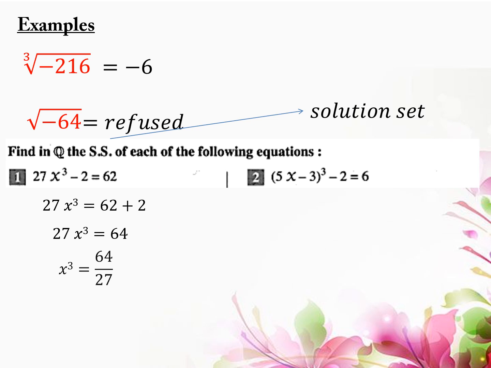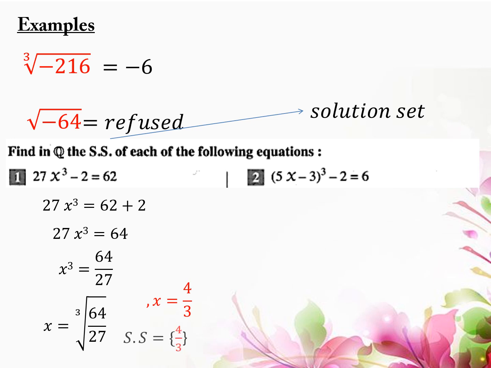So x power 3 equals 64 divided by 27. Now we want x only without power 3, so we will take the cube root of 64 over 27. The opposite operation of power 3 is the cube root. Then x equals cube root of 64 over 27 equals 4 over 3.